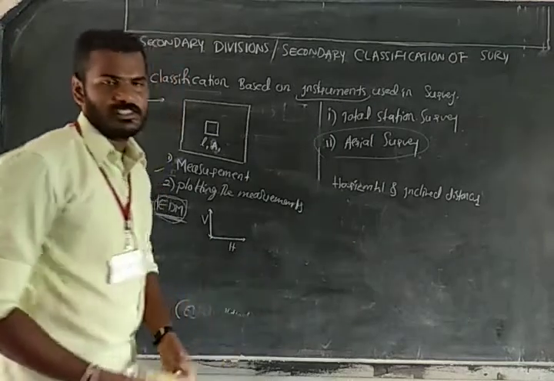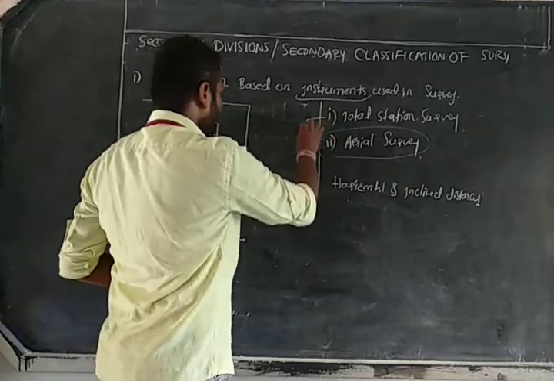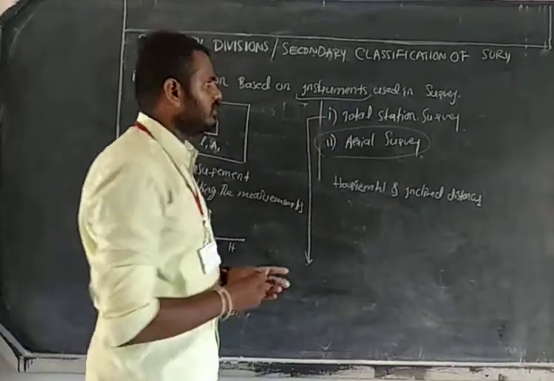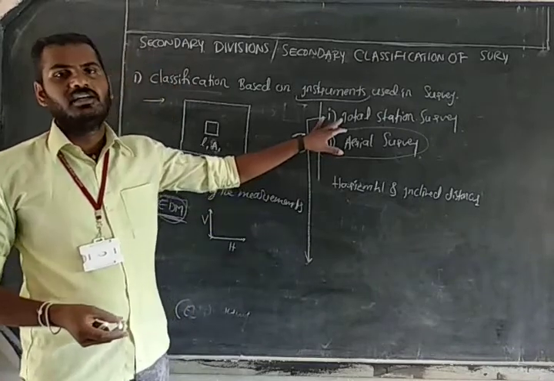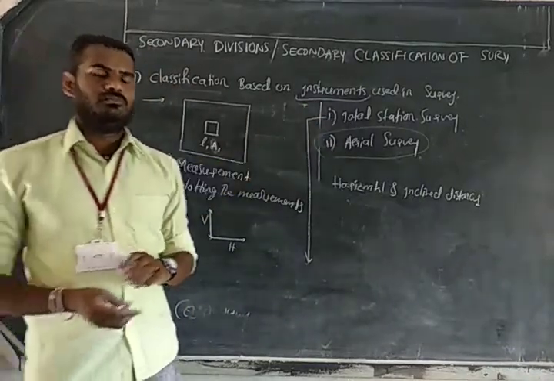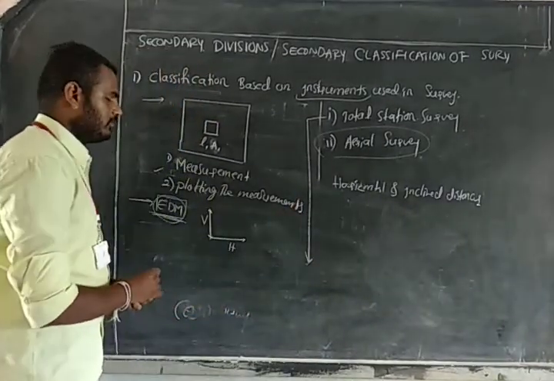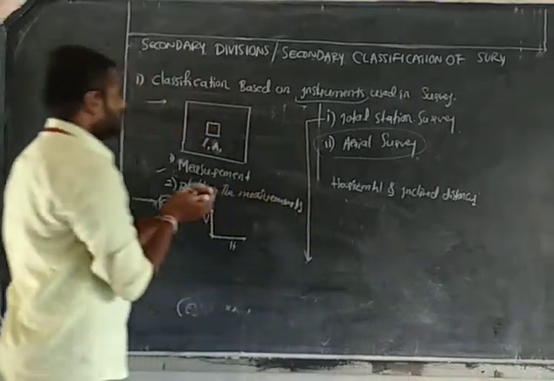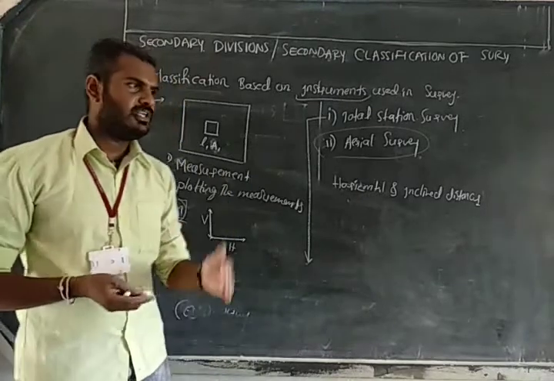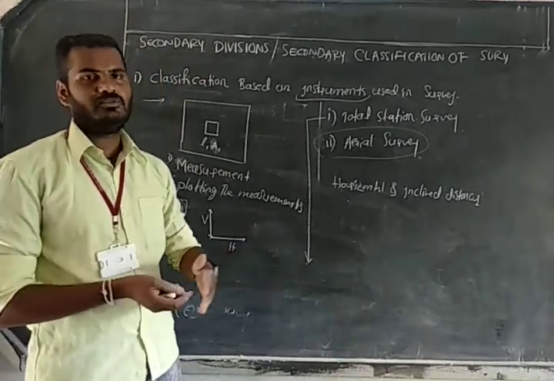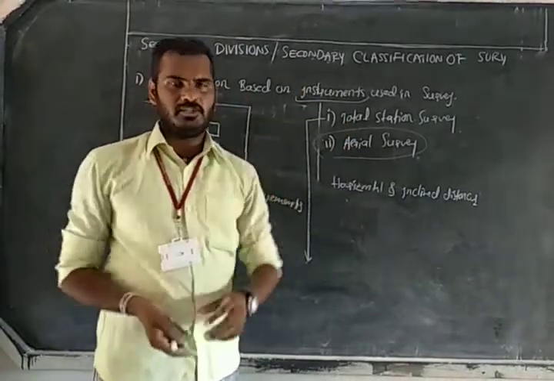Total station is advanced equipment, really very important. Nowadays, each and every surveyor is using total stations. Why? Because with the help of this total station, we can do multiple things in a single attempt. For suppose, if you want to measure a particular length by using chain, you need to shift the position of the chain holder from one position to another number of positions.